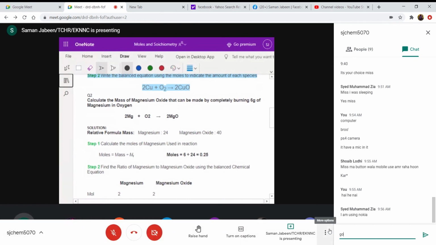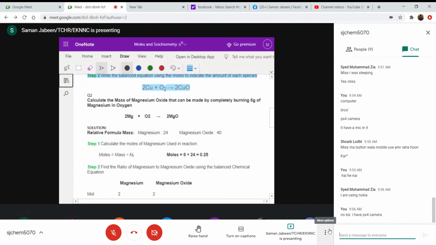And I know that Ismail also can open if Ismail has the camera. I know Ismail can also. He can open. And I don't know about Saham. Saham is very much into the looks, huh, Saham? So he's using the Nokia, just like here, the PS4 camera.